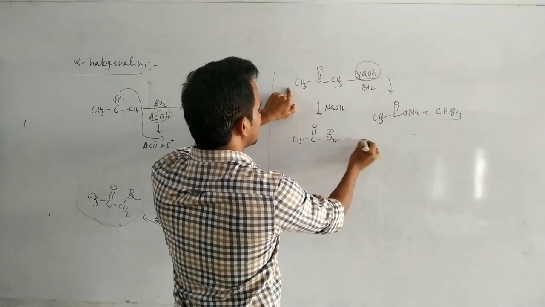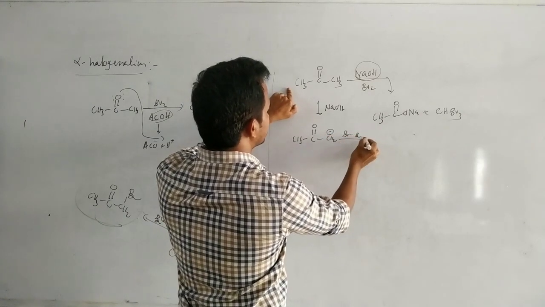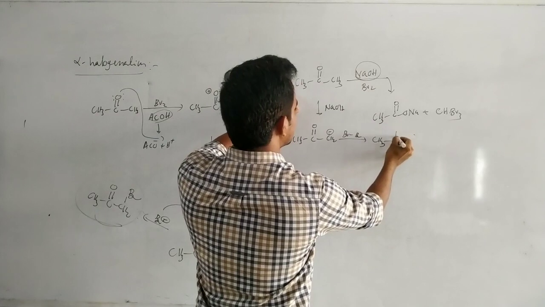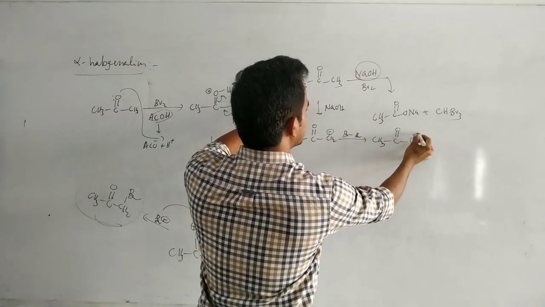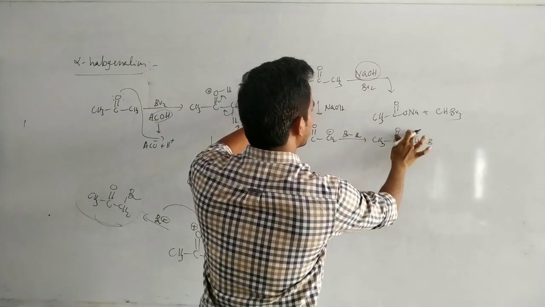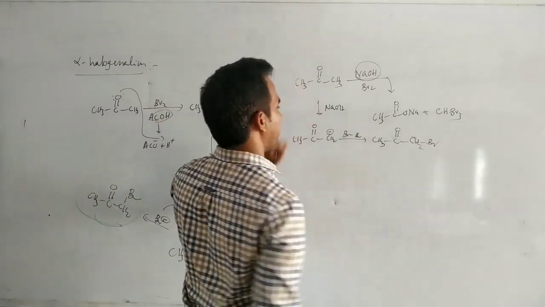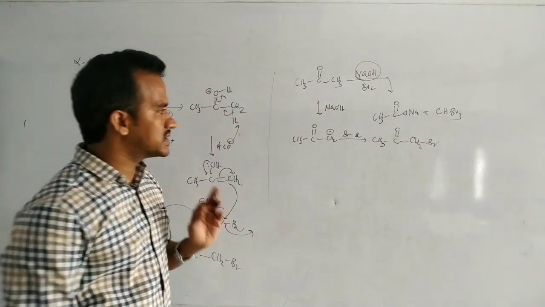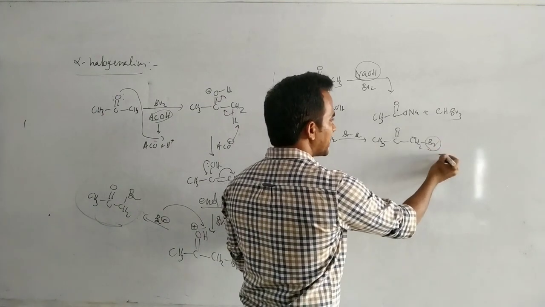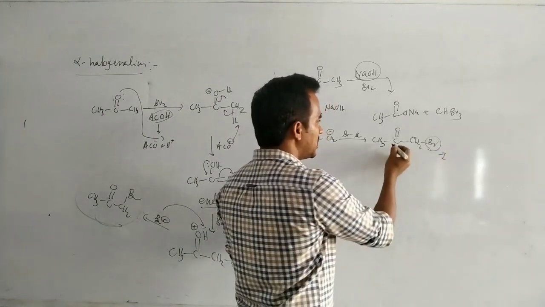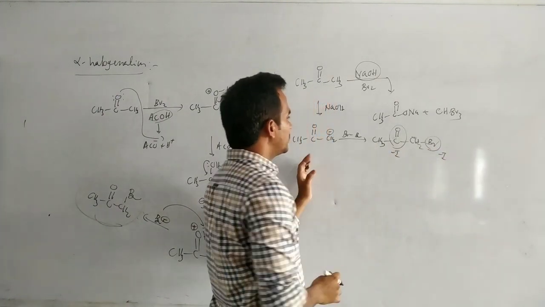CH3 C double bond O, CH2 negative, then this attacks on Br2, giving CH3 C double bond O, CH2Br. Now in this case, Br is a minus I group and the ketone is a minus I group.